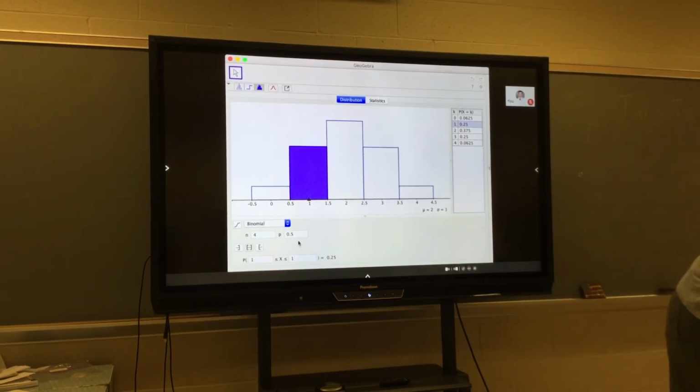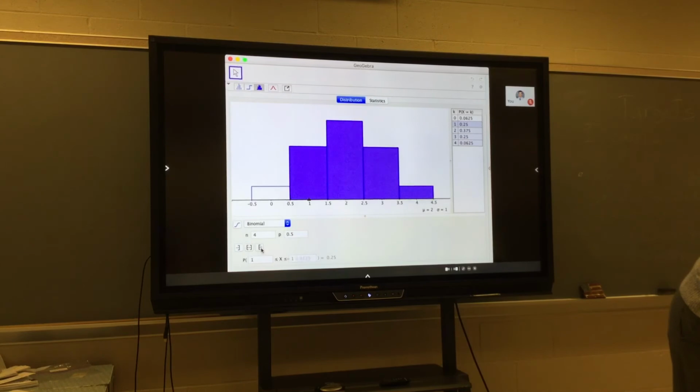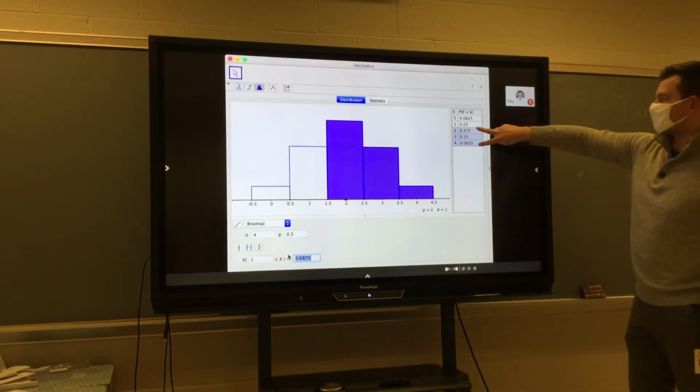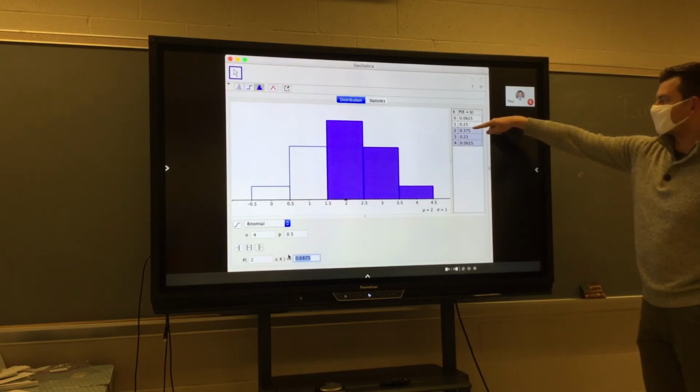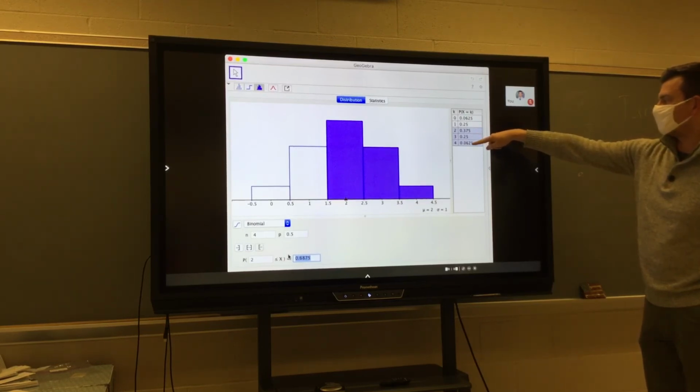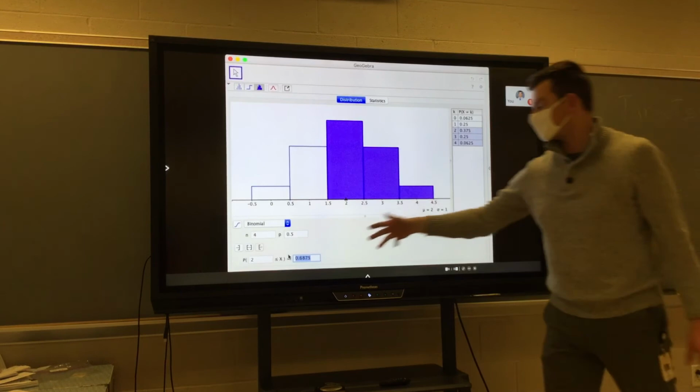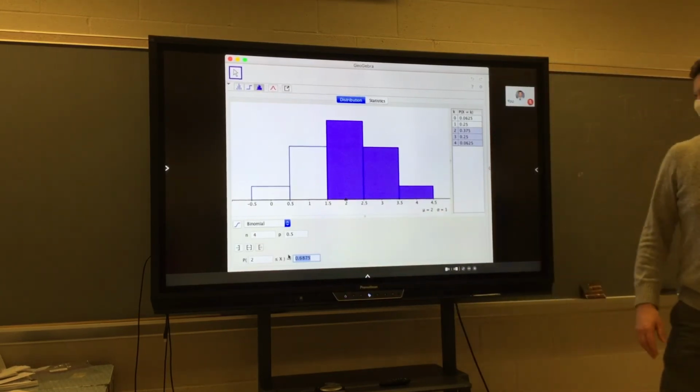Well, I could change these, and I'm going to put this as a lower boundary. What's the probability that x is greater than or equal to 2? It's 0.6875. Or on the probability distribution, I've added these together. We had 6/16 plus 4 is 10, plus 1 is 11. 11/16 is 0.6875.